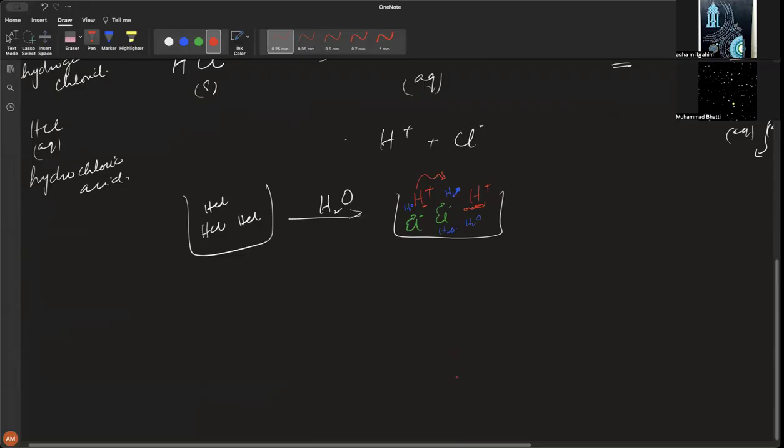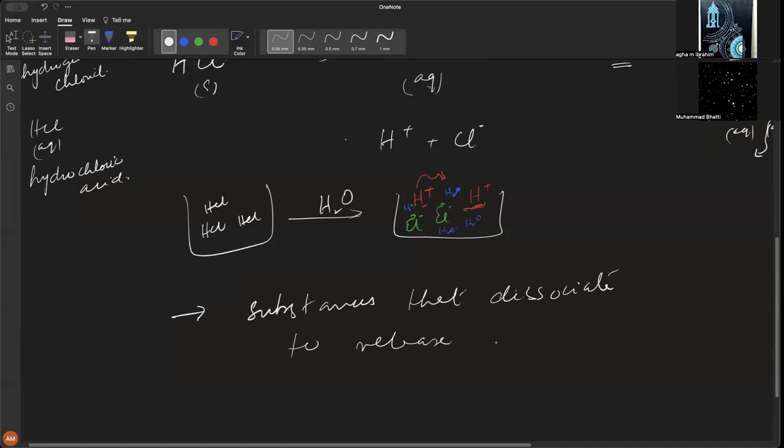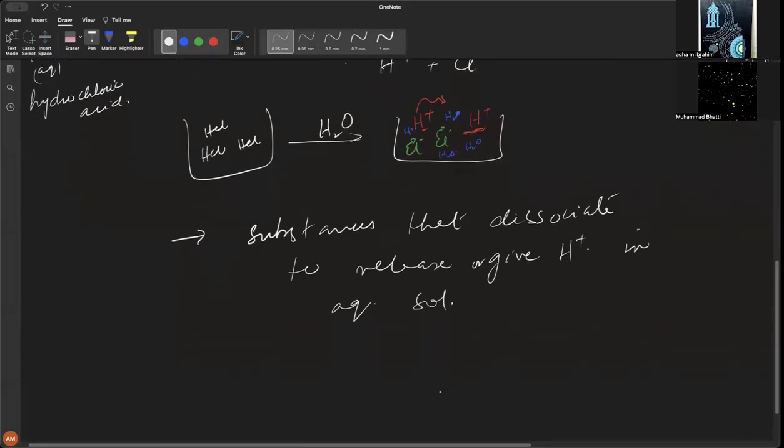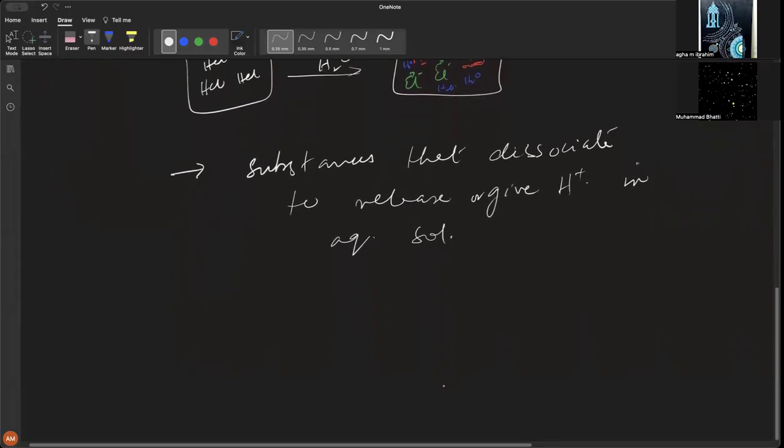We need to know that acids are substances that dissociate to release or give H positive ions in aqueous solution, right? This is what acids are.